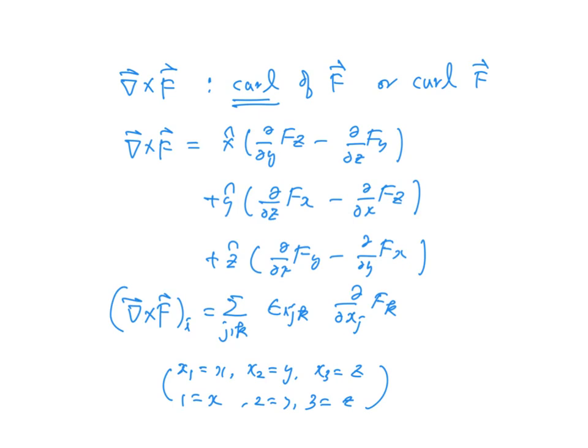I mean, okay, so for comparison, when you say A cross B, we learn it this way, right? X component: A_y B_z minus A_z B_y. That was the definition.